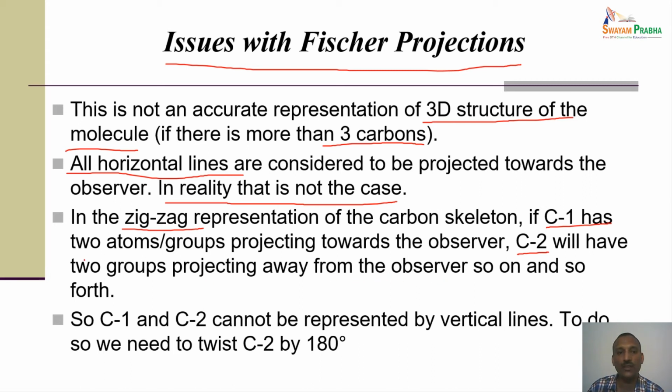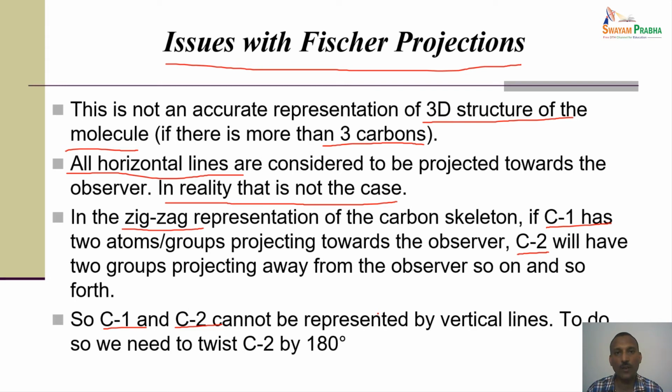In the zigzag representation, two groups are pointing towards the observer, and the next carbon's two groups are pointing away from the observer. And at the next adjacent carbon, it again comes back towards the observer. Like that it will go. We will see the three-dimensional representation and understand what this means. So in other words, we cannot write C1 and C2 by vertical lines. So this is the problem.